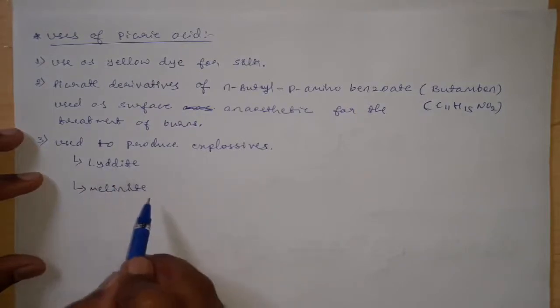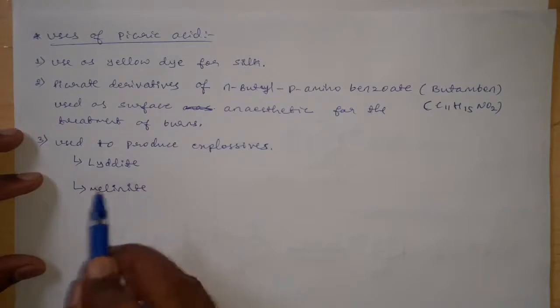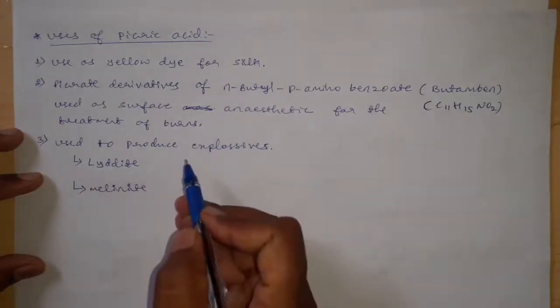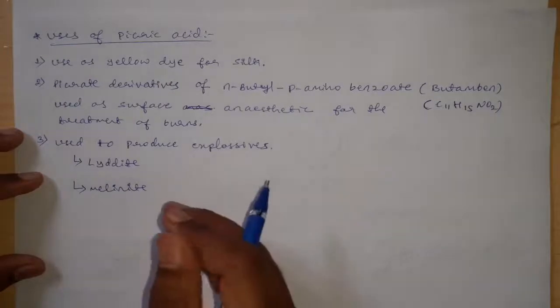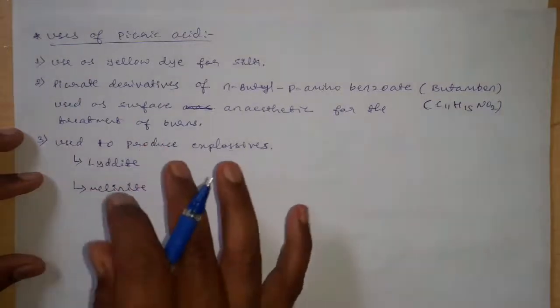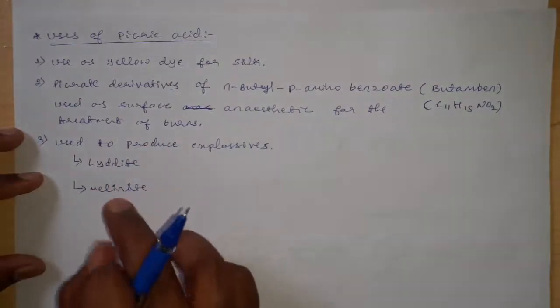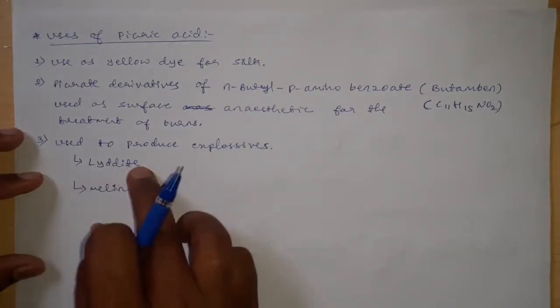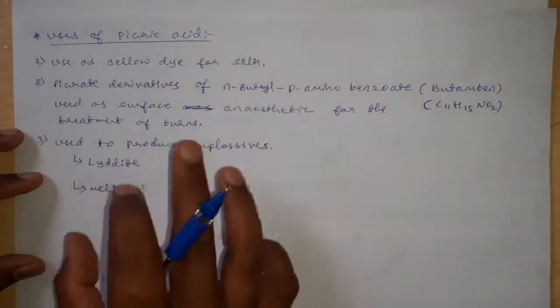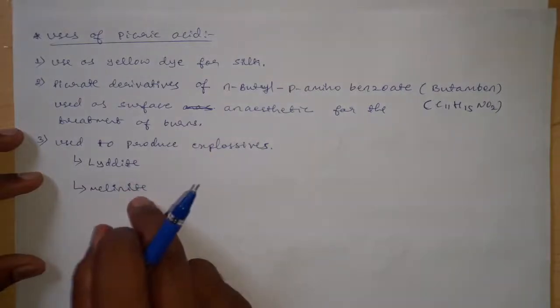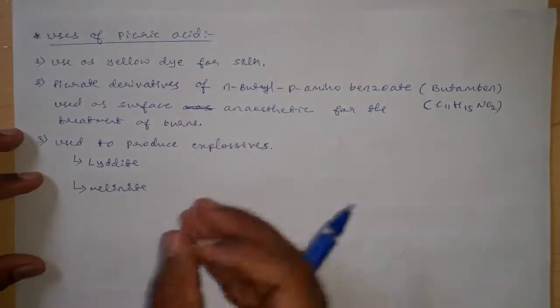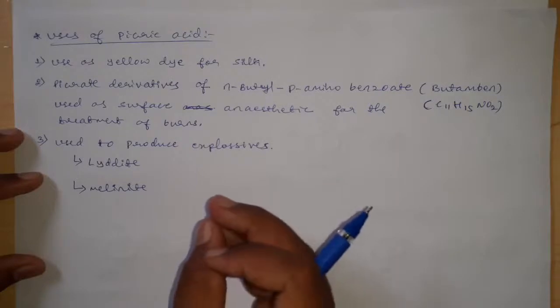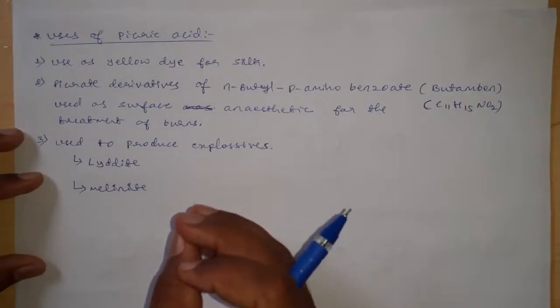Lyddite and melinite are products which are formed from picric acid, or which contain a major portion of picric acid, and these can be used as explosives. Lyddite contains mainly picric acid, and melinite is made by combining picric acid with gun cotton.